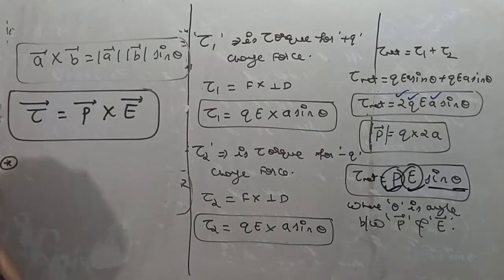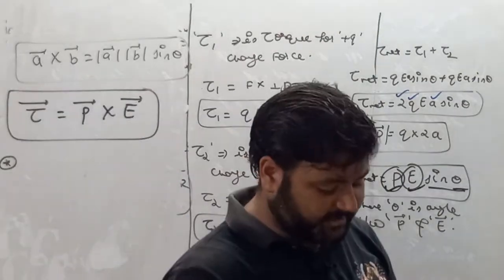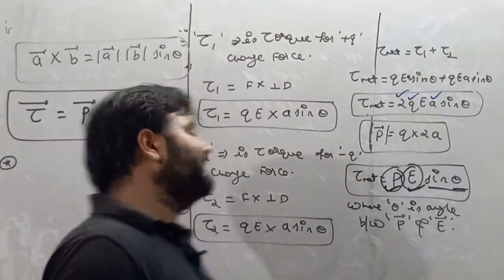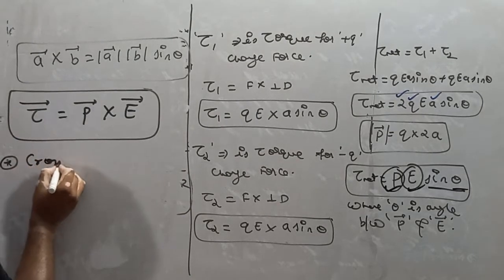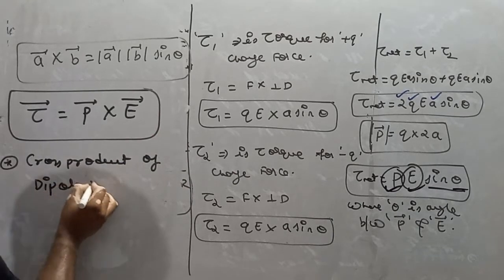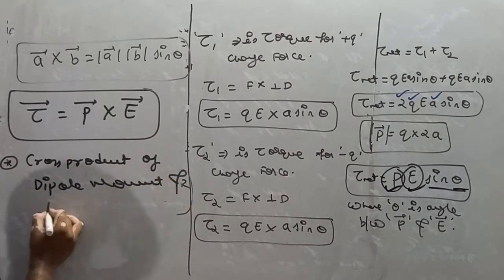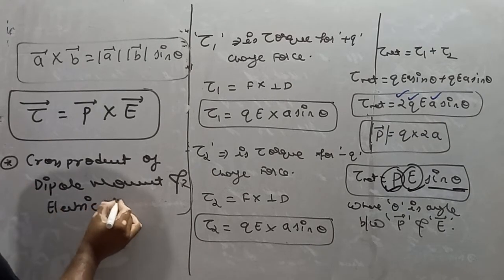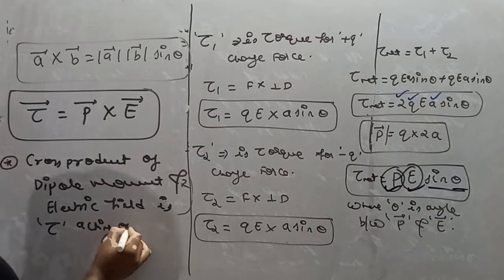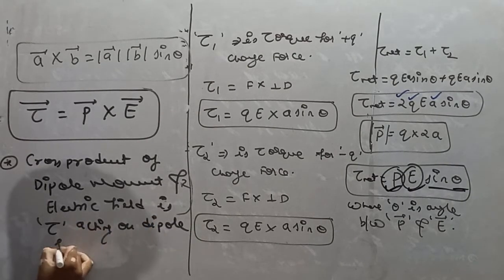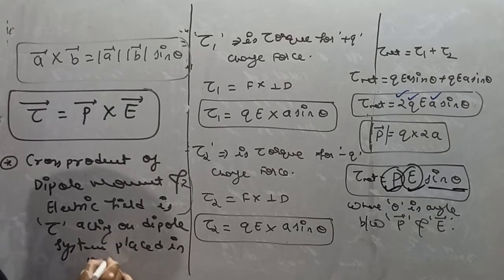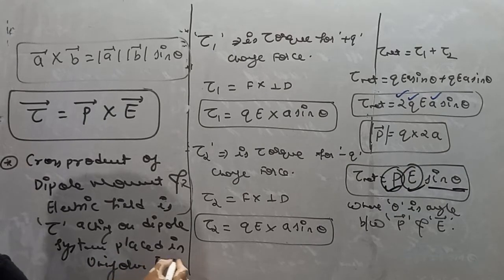So I'll define torque due to torque on dipole system placed in electric field is cross product of dipole moment and electric field is torque acting on dipole system placed in uniform electric field.